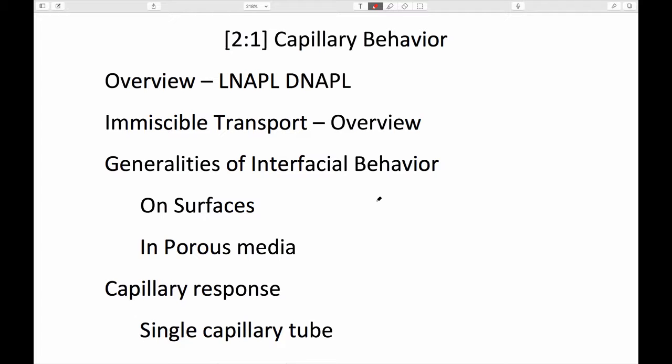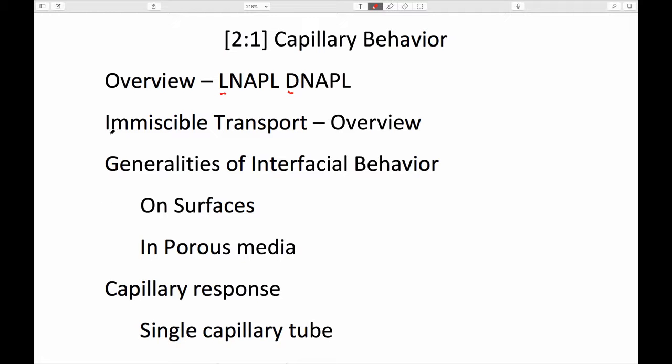All right, so that's the material for the first one. This class revolves around contaminant hydrology, the rates at which contaminants are mobilized in the subsurface and how they are potentially attenuated. We focus on immiscible fluids because they're the most difficult ones to deal with, either lighter than water or denser than water fluids.